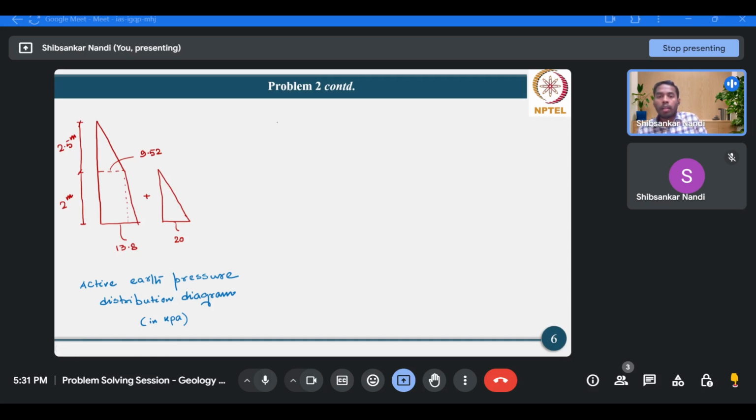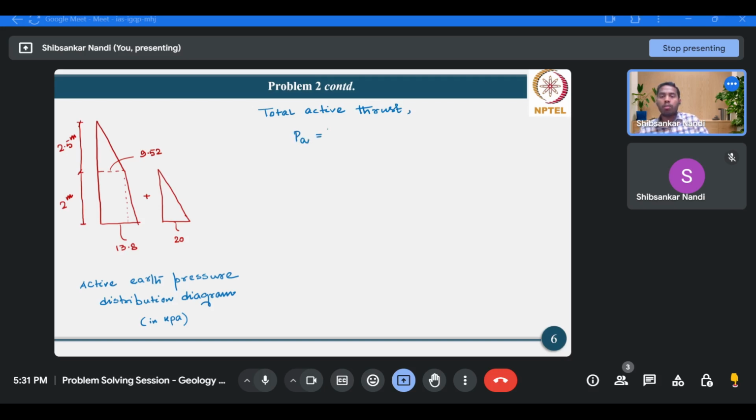Okay, so now if we try to calculate the total active thrust, because this is the objective for this problem, the total active thrust which is acting on the wall will be the summation of these individual components.